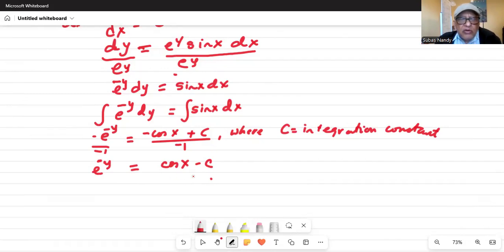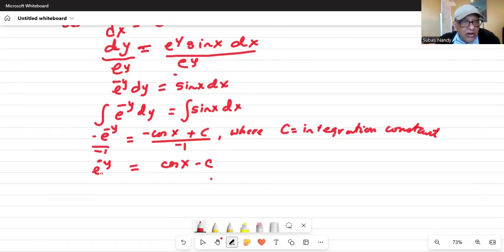So dividing by minus 1 on both sides, I cancel the minus in front of the numerator and denominator on the left hand side. So I'm left with e to the power of minus y on the left hand side. On the right hand side, dividing by minus 1 gives me cosine x minus c.